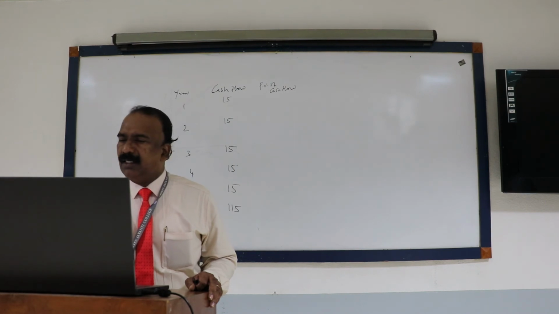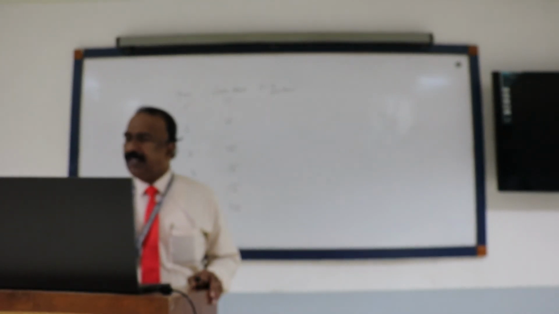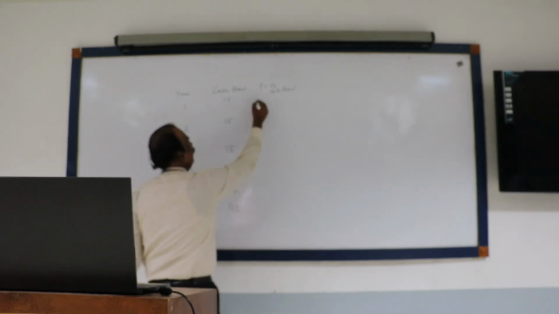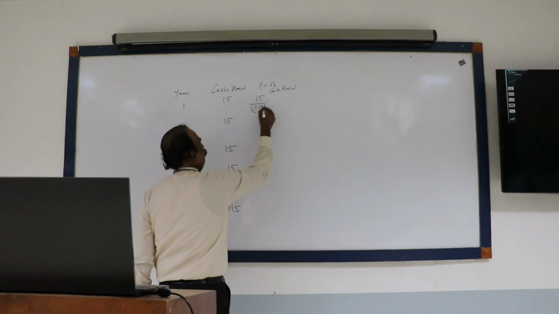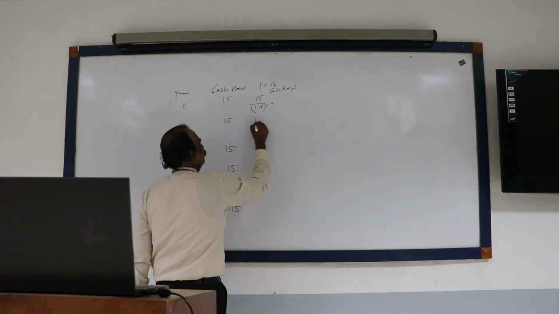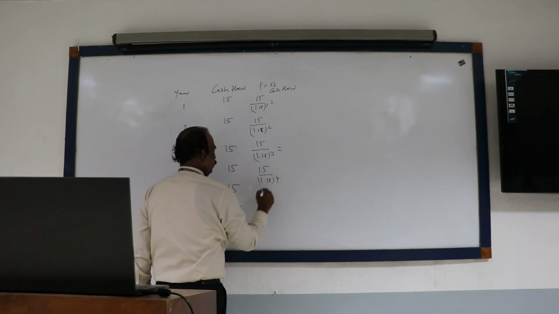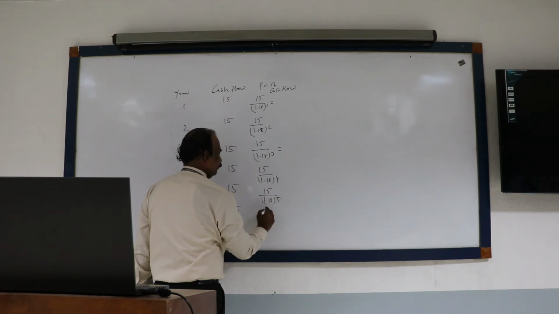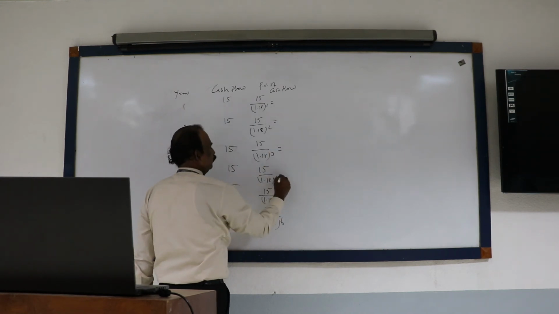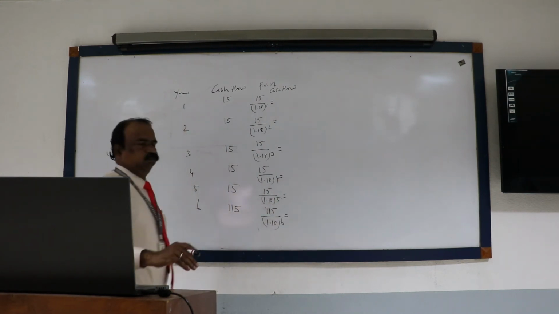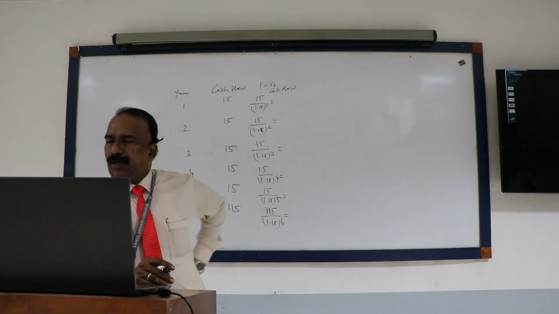So 15 divided by 1.18 power 1, 15 divided by 1.18 power 2, 15 divided by 1.18 power 3, 15 divided by 1.18 power 4, 15 divided by 1.18 power 5, and 115 divided by 1.18 power 6. How much comes?